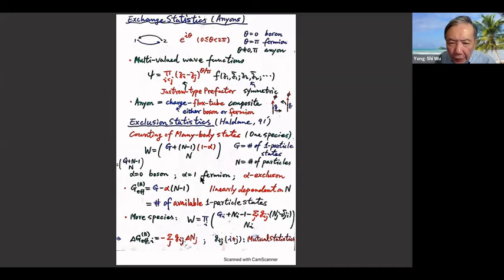Okay, then you can see that alpha equal to 1 corresponds to fermion, alpha equal to 0 corresponds to boson. The point here is that alpha can be an arbitrary positive real number, between 0 and 1. So in that case, we have new exclusion statistics.